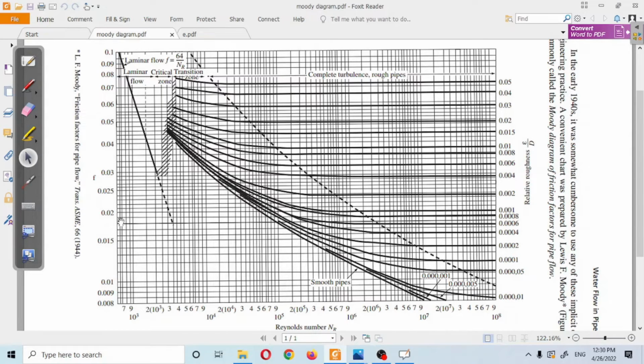Now we have 1 line, 2 lines, 3 lines, 4 lines, and we have 5 between this one and this one, so we can say that this one is 0.016, 0.017, 0.018, so we're going to assume that the value is 0.018.